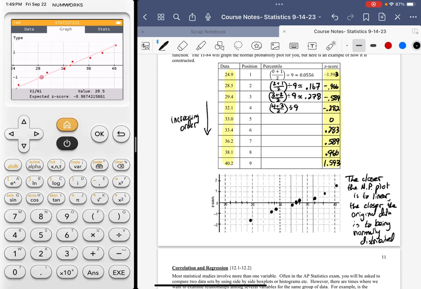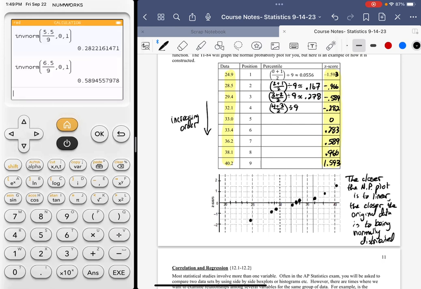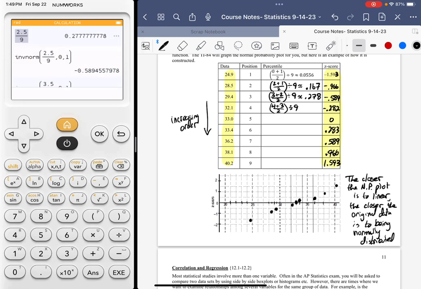Negative 0.967, and so on. I wrote 966. I guess it was supposed to be 967. Let me just double check that. 966 is what I got, because I rounded the .167. Okay, so they're both good enough. And there we go.